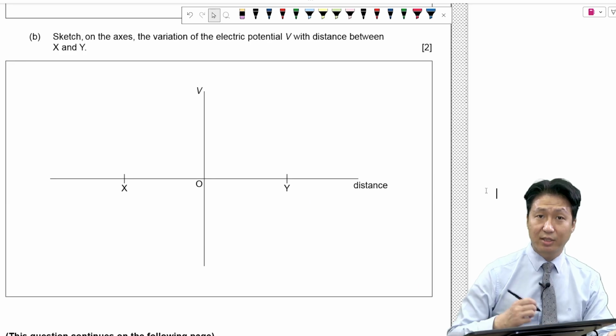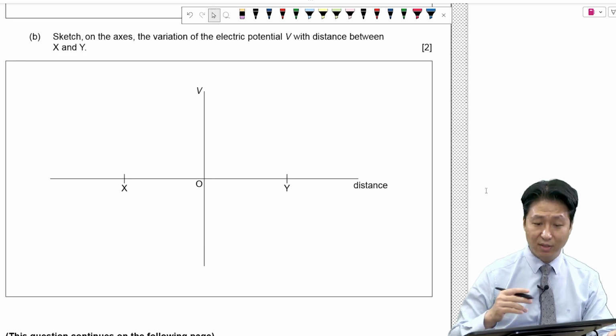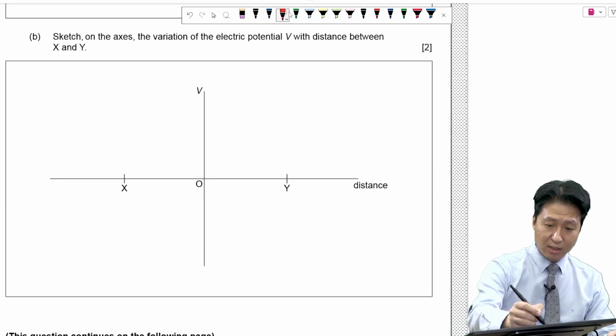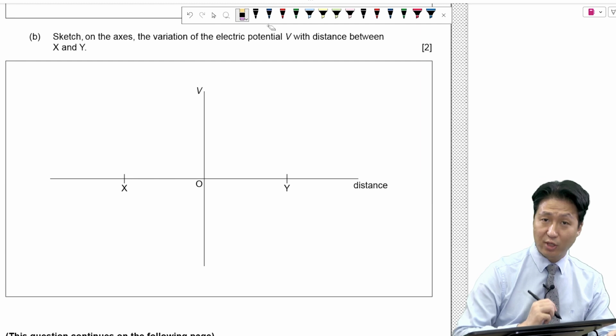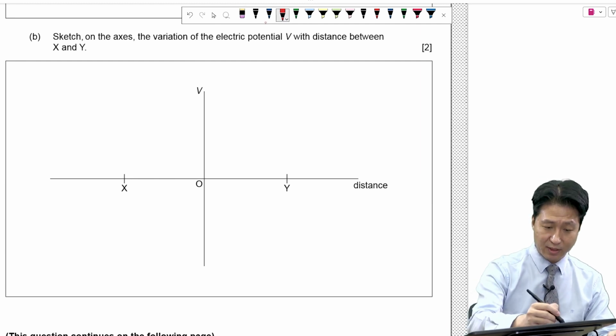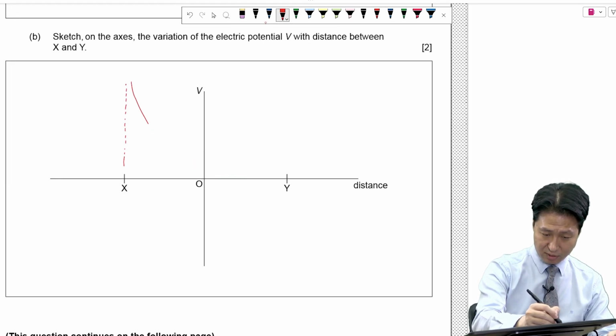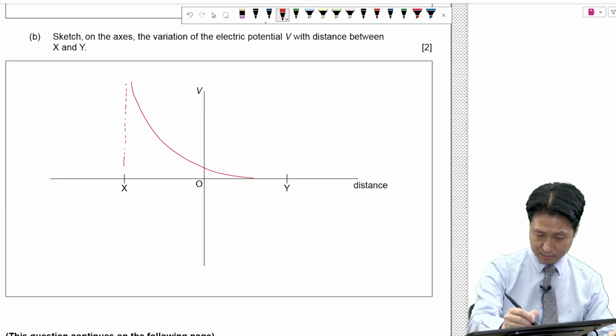Part B, sketch on the axis the variation of the electric potential V with distance between X and Y. So let's just try to draw for one of them first. The potential would look like the 1 over x graph, kind of like this, and get closer and closer to 0 as it goes down.